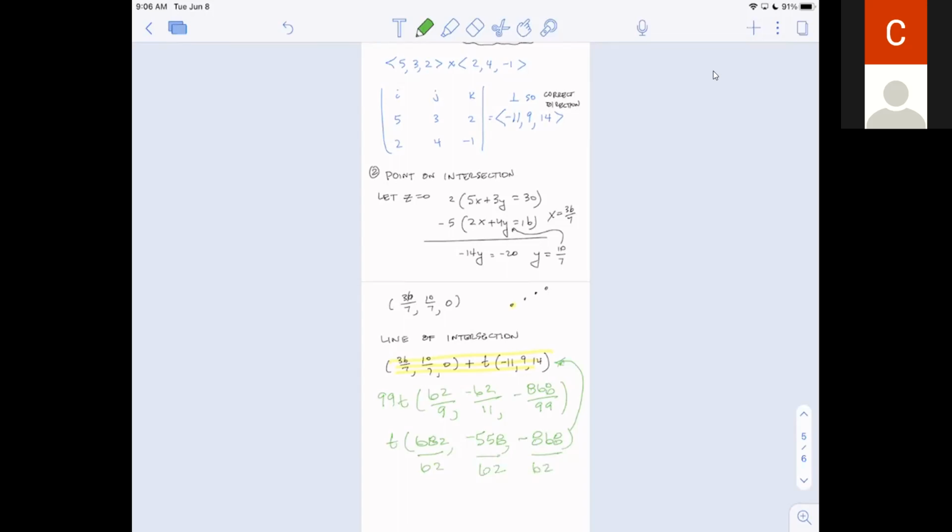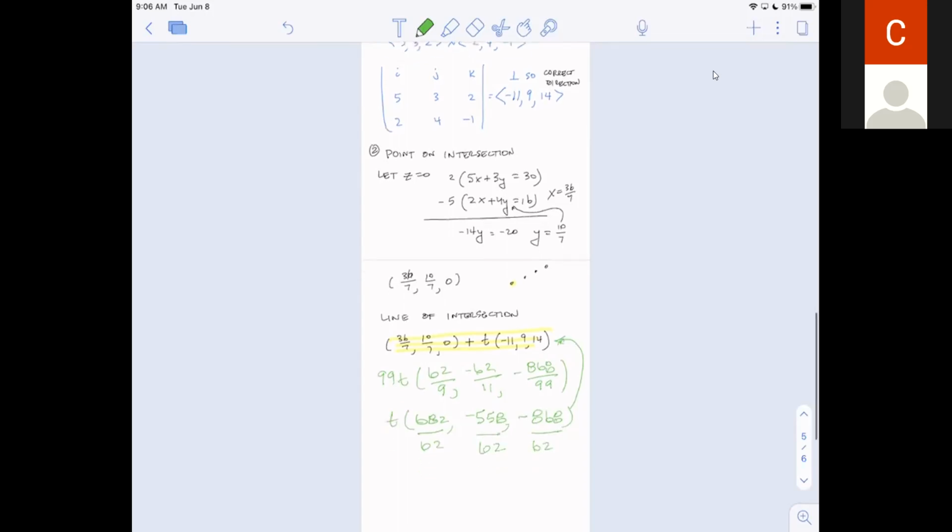So let's see. 682 divided by 62 gives me positive 11. That's not good because I was supposed to get negative 11. 558 divided by 62 gives me 9, but that's not good because I was supposed to get negative 9. And then 868 divided by 62 does indeed give me 14, except it's negative.